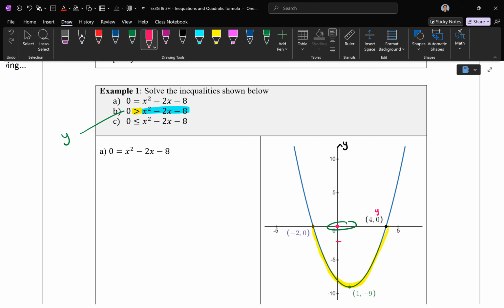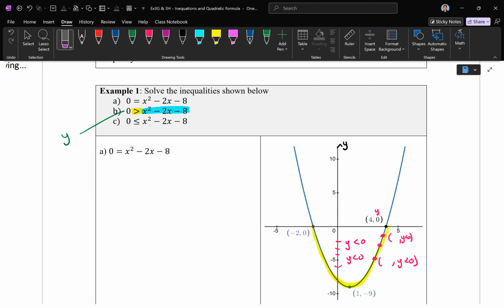Can you see that? All these coordinates here, the y values are less than 0. No matter which point you pick, all of this will have a y value less than 0. This point here would have a y value less than 0. So how do you answer your question? This is what you would say. If I asked you, between which points on the x-axis will guarantee that the y values are less than 0?